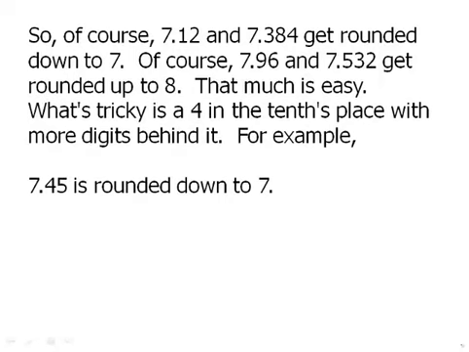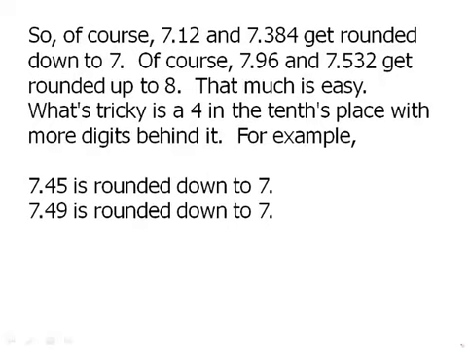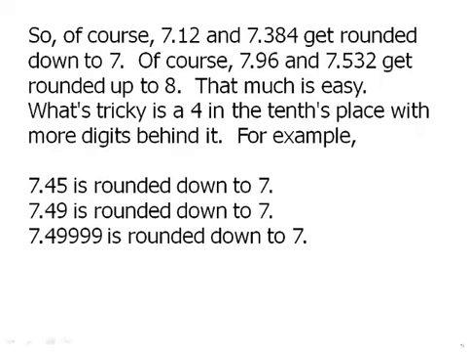7.45 has a 4 in the tenths place, so that gets rounded down to 7. 7.49 gets rounded down to 7. 7.49999 gets rounded down to 7. Now this starts to confuse people because people look at that and they say, well, gee, 7.4999, that's essentially 7.5.